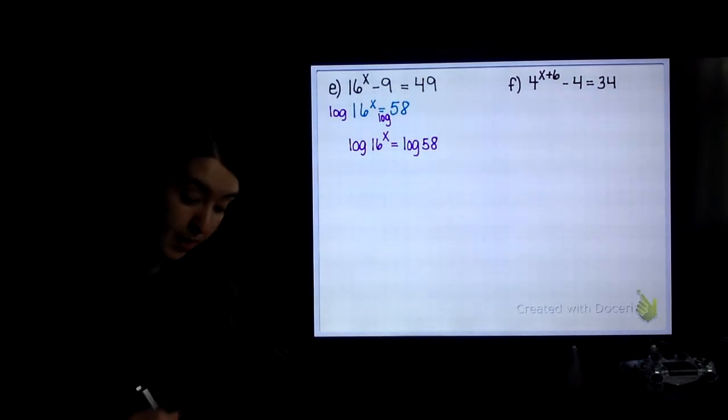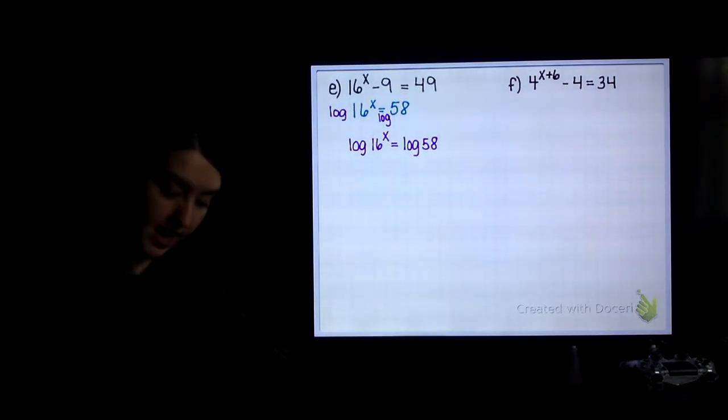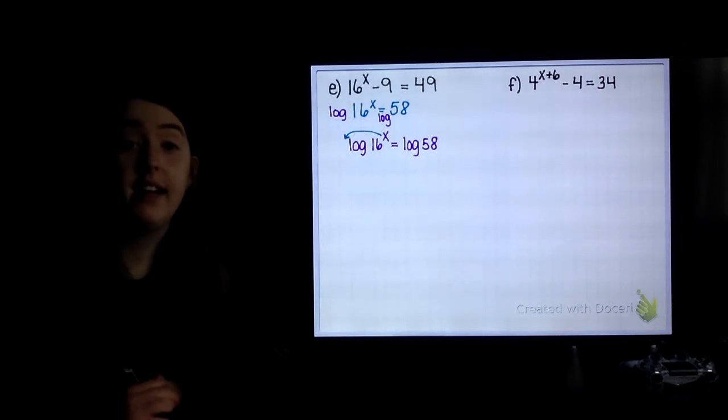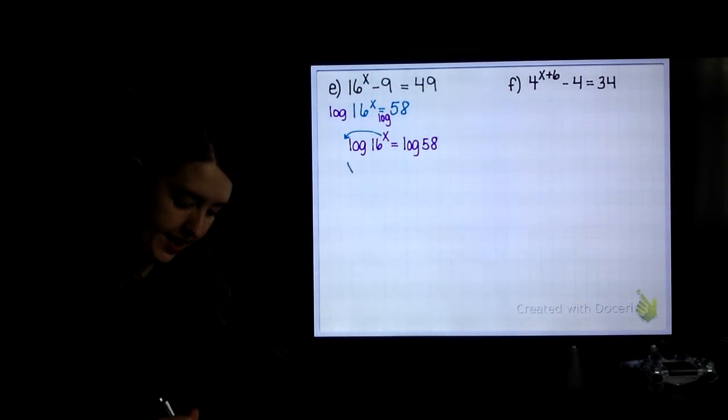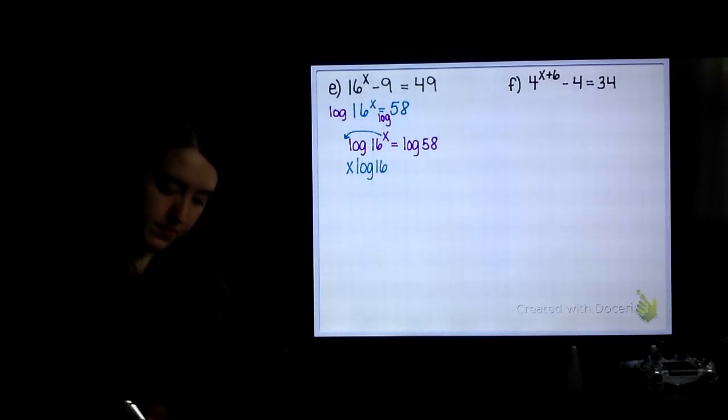So that property that we learned before said that that exponent x gets to be brought out and now be a coefficient. So now we have x times the log of 16 equals the log of 58.